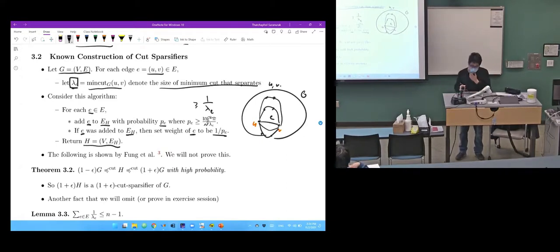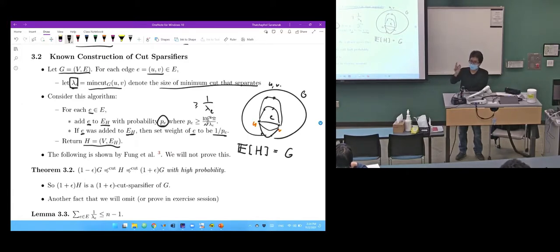So let's look at why this makes sense. At least in expectation, the graph H is G. For every edge in G, you add it into H with probability p_e, but when you add it, you scale it up by 1 over p_e.